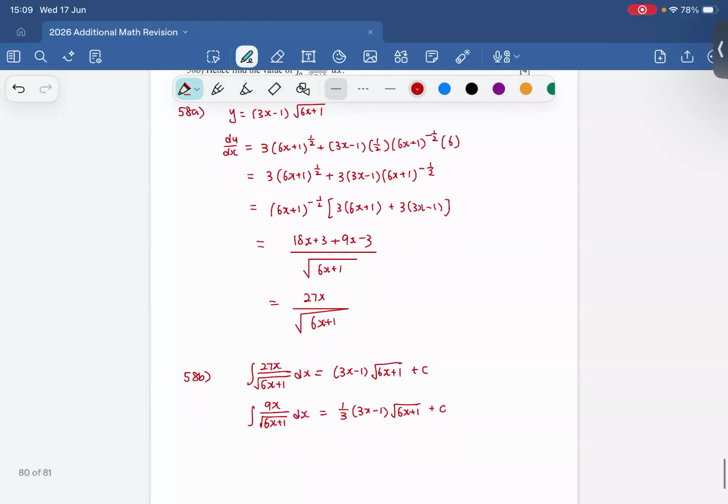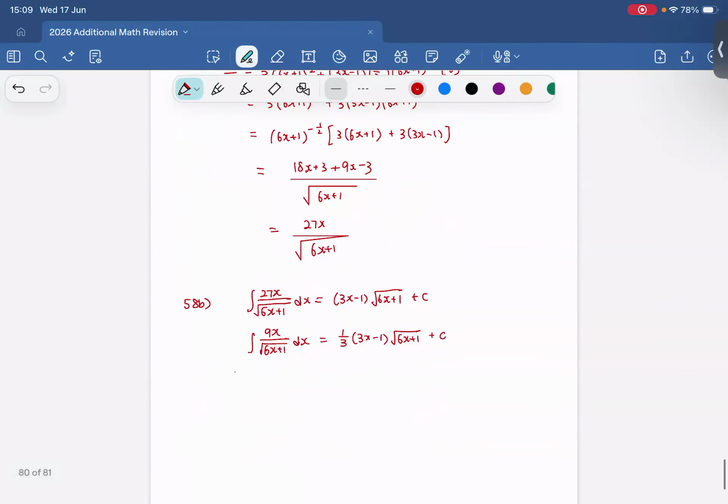Okay, now what do I do? How do I make the minus 3 appear? I will subtract this on both sides of the equation.